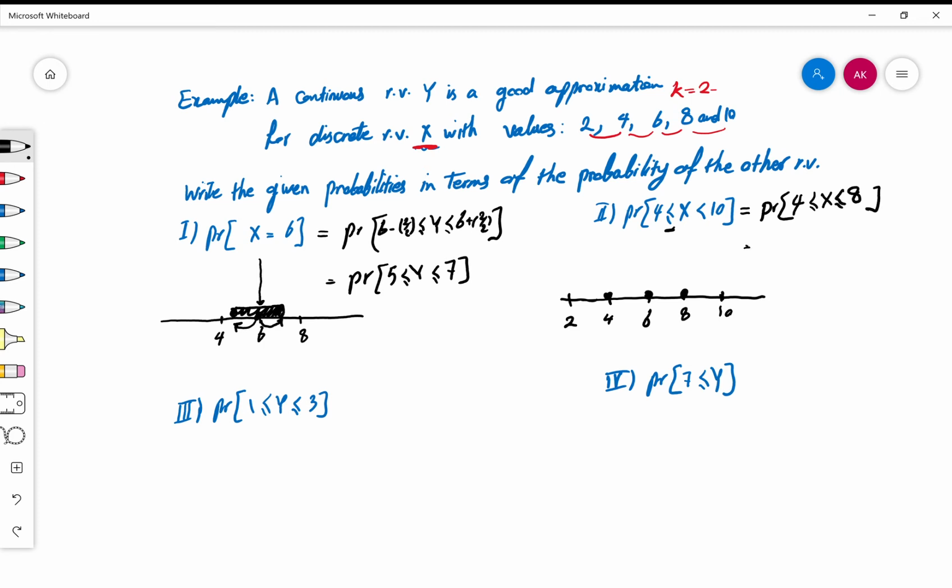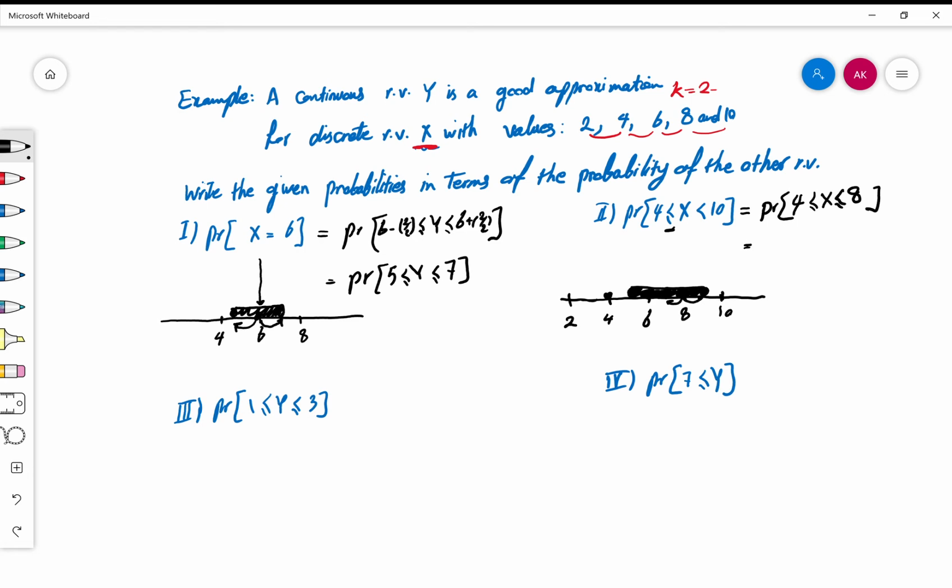So this means that we are going to do this one. And now we are thickening each one of these to an interval. So 8 thickens halfway up, halfway down, so it will be from 7 to 9. 6 thickens halfway up, halfway down, from 5 to 7.